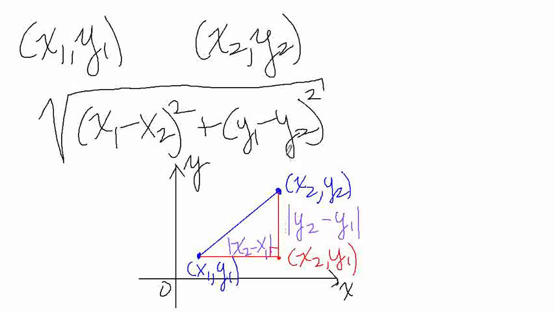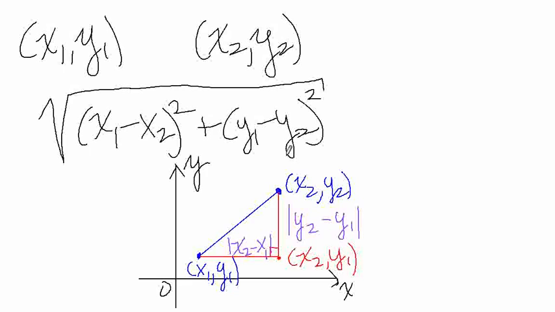Now, you can see why I wasn't worried about the fact that the derivation I'm going to show you won't work for horizontal and vertical line segments. I wasn't worried because we already know how to find the lengths of horizontal and vertical line segments on coordinate planes.